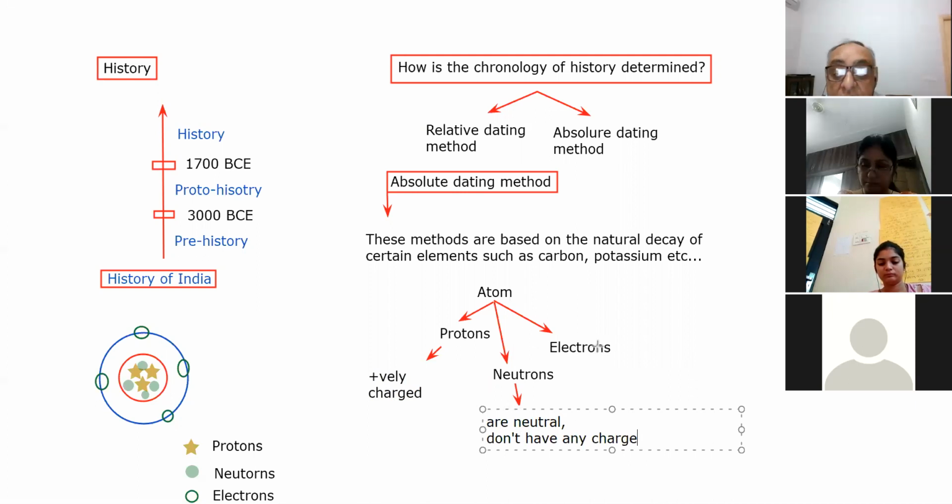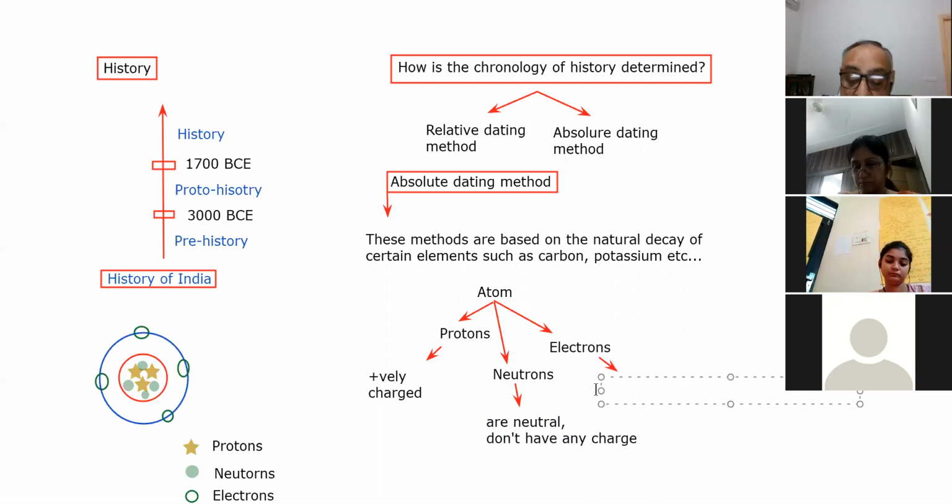And as far as electrons are concerned, beta, electrons are negatively charged. So this is the whole thing up to this point.